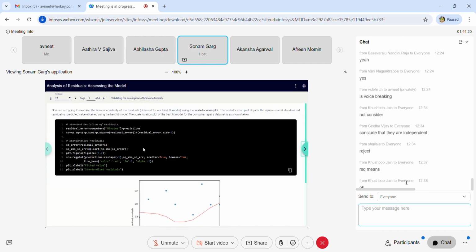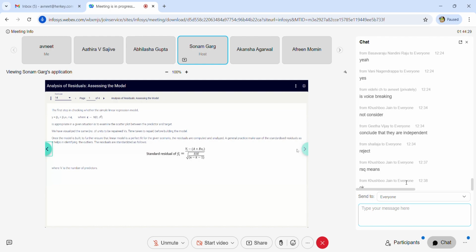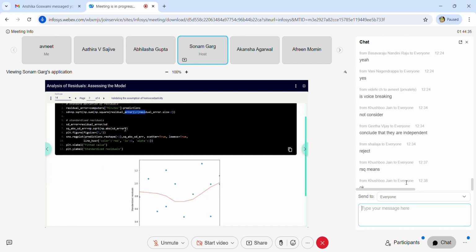Here, this part is implementing this formula. That's it. You can check it and relate to it. This is taking square root, finding, dividing, all that. That formula is implemented here in Python.